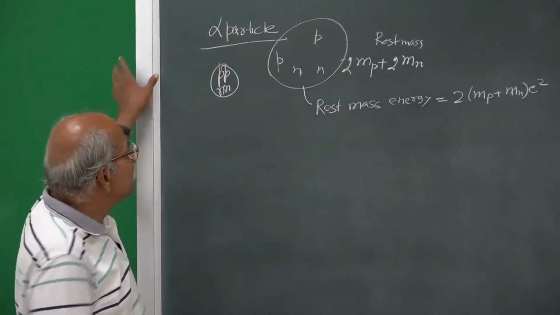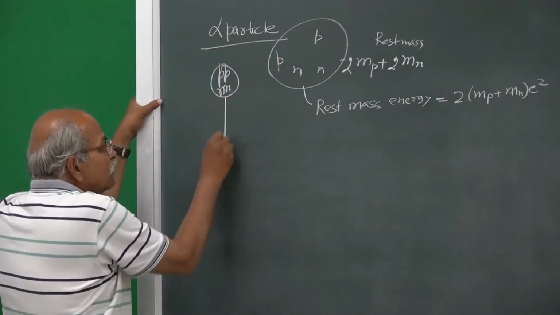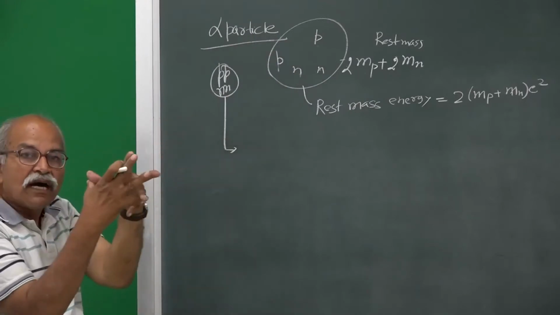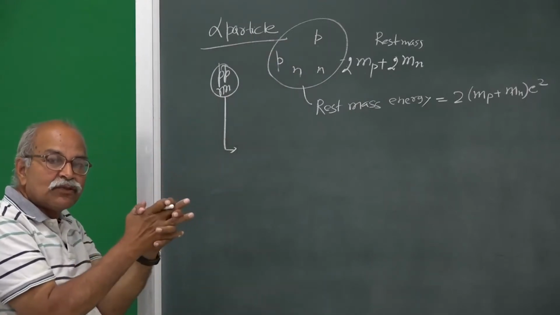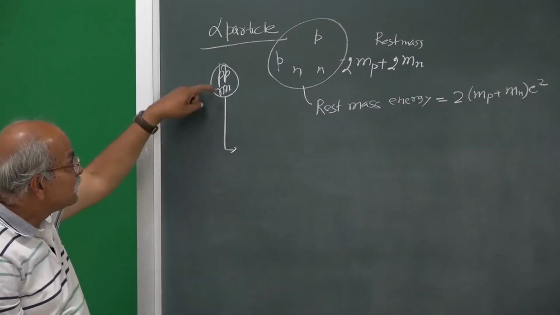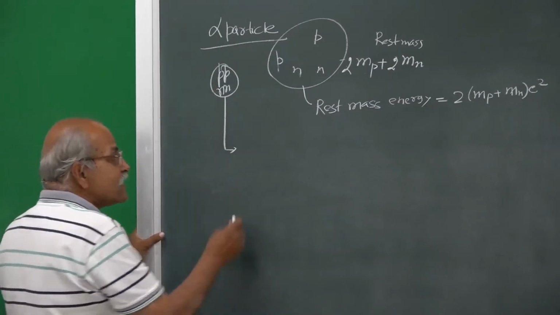But when these 4 particles are bonded together so that they make a nucleus, the helium nucleus, which you call an alpha particle, the rest mass energy is less.